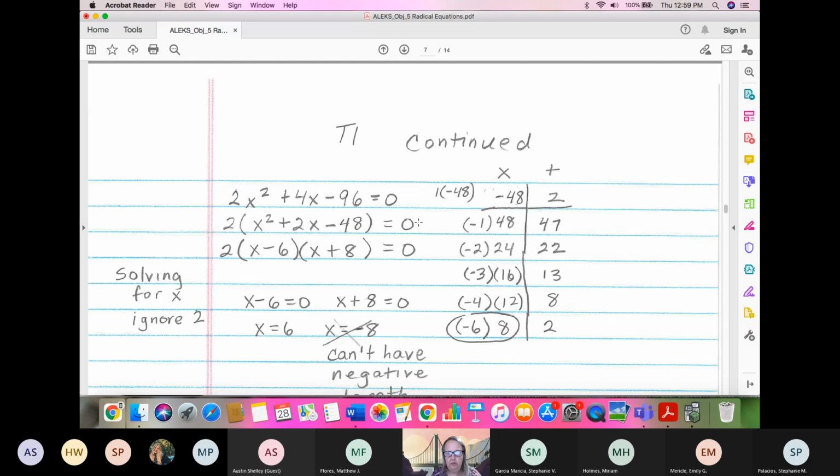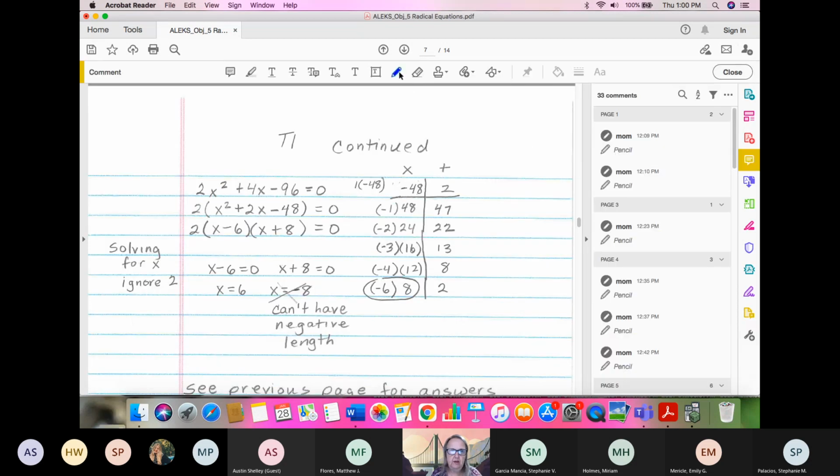So really what you could do now, we're solving for x. We can ignore the 2 because you could really divide both sides by 2 here. Let me just show you this. You could divide both sides by 2 here.